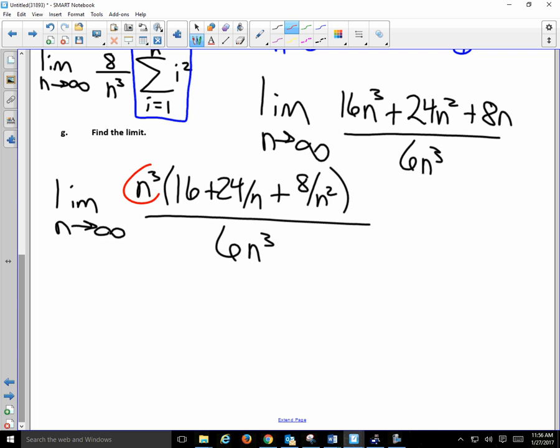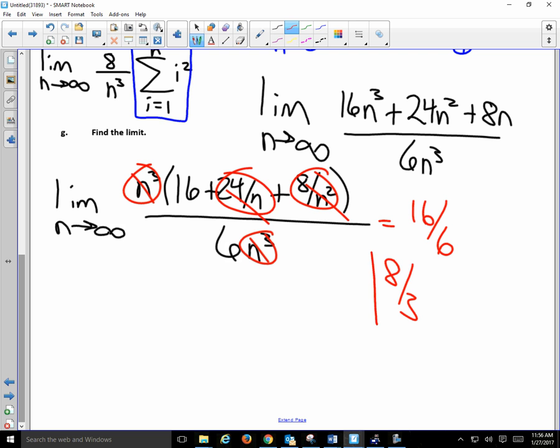Either way, what happens to the n cubes? Gone. As n goes to infinity, what happens to 24 over n and 8 over n squared? What are you left with? Which is 2.6 repeating, right?